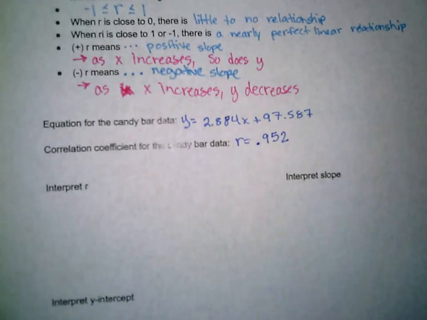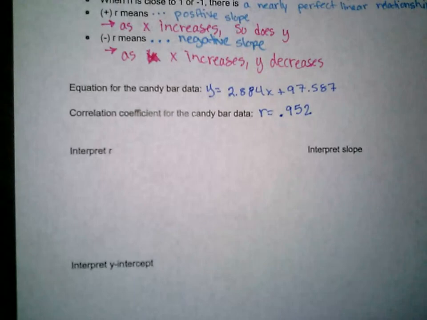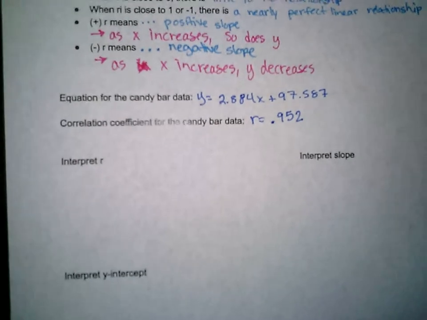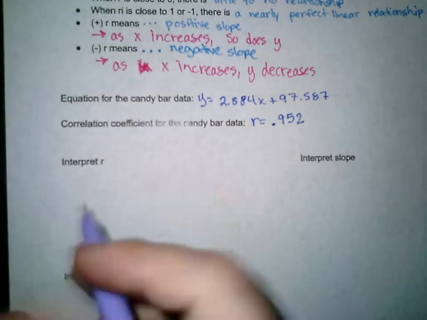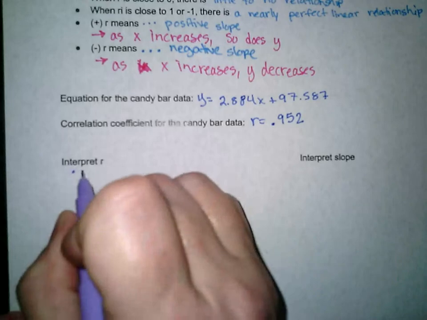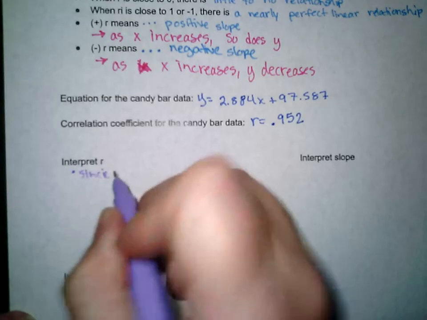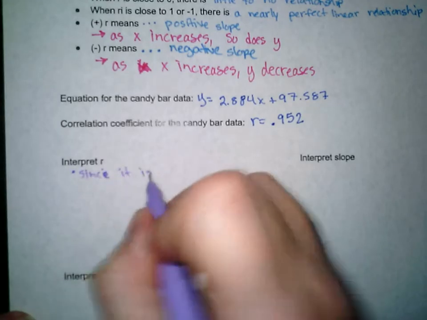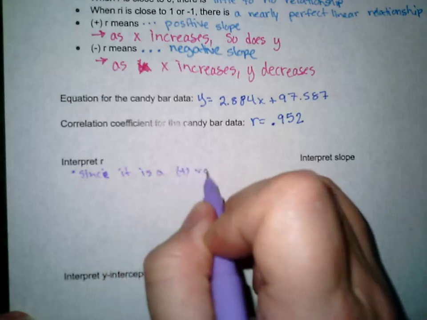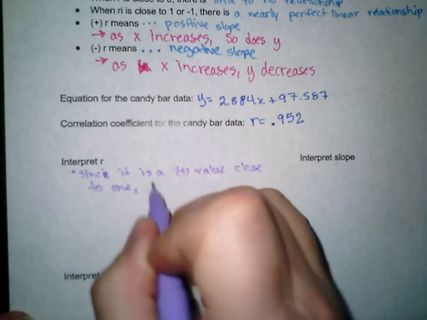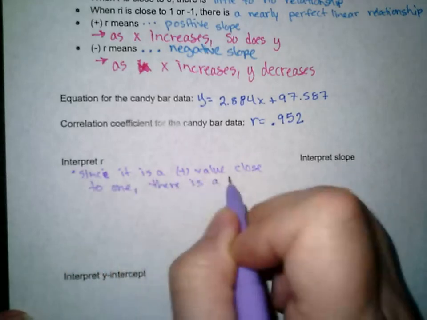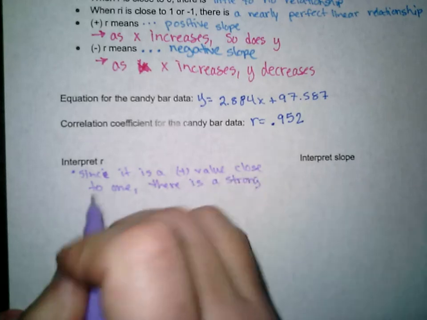So what does r mean? Well, remember up here we said the closer r is to 1, the better the relationship. And if it's a positive r value, that means we have a positive slope. So interpreting r, let's write down what we know. Since it is a positive value close to 1, there is a strong positive relationship.